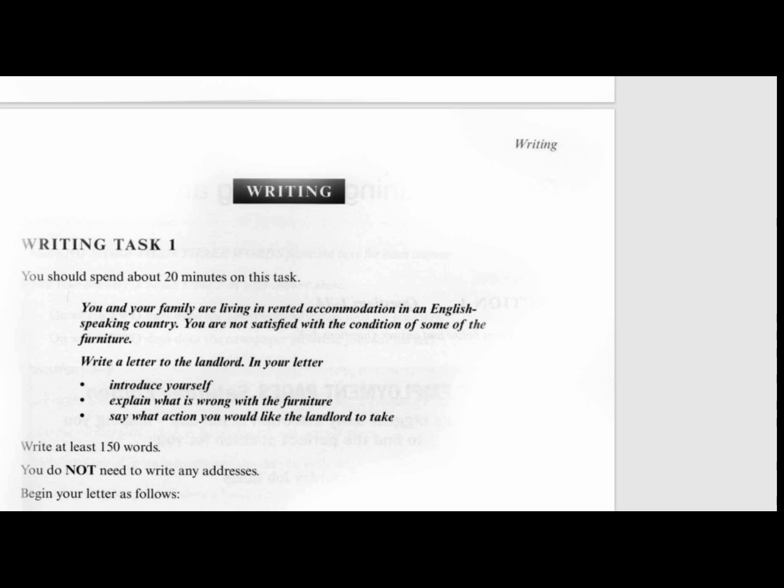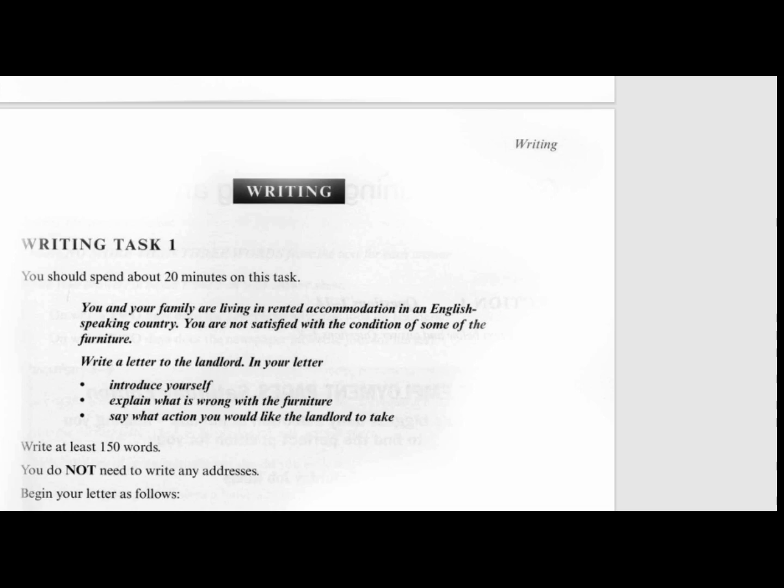I'm just going to read it, since this one is not as visible as the diagram in the previous example. The question says, you and your family are living in rented accommodation in an English-speaking country. You are not satisfied with the condition of some of the furniture. Write a letter to the landlord.